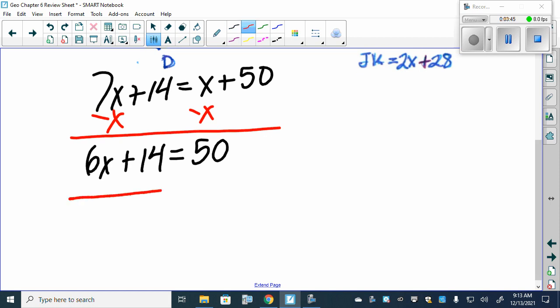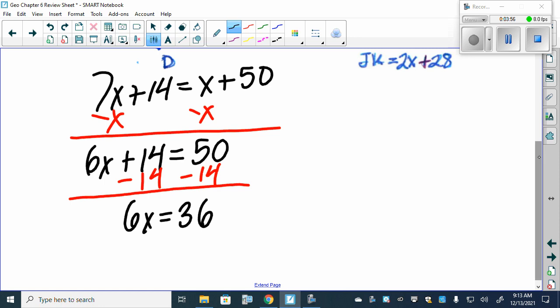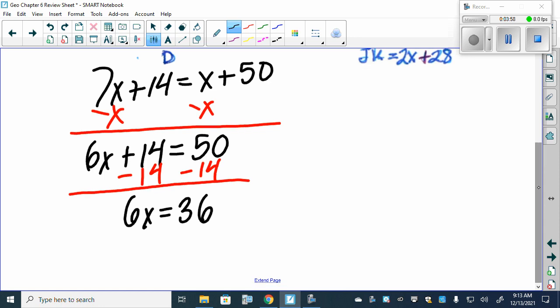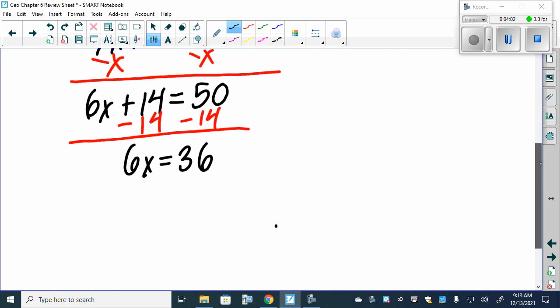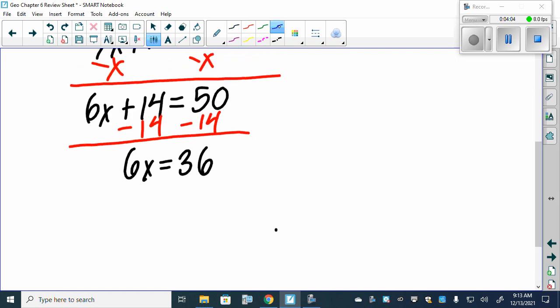Then we would subtract 14 from both sides. 6x is equal to 36. At this point we can divide both sides by 6, telling us x is equal to 6.